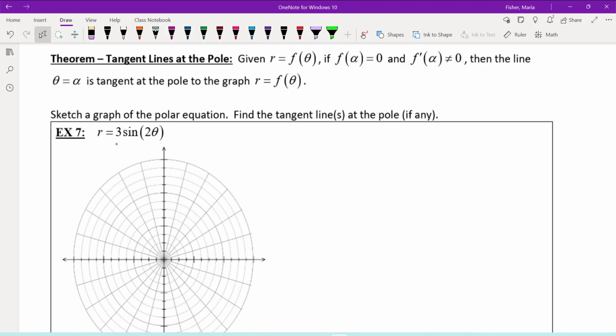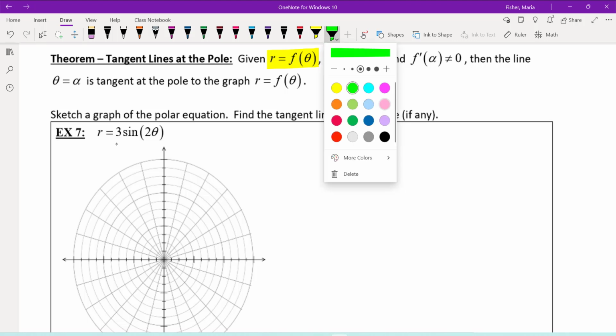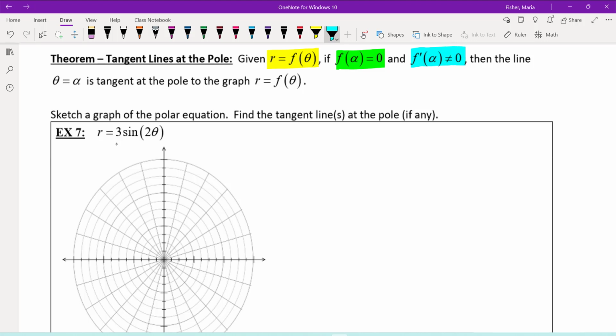Now, a tangent at the pole is a line that's tangent to the graph of your function r at a certain angle. So we say that if r is a function of theta, and you plug in some angle into r and it equals 0, but you plug in that same angle into r prime and it doesn't equal 0, then theta equals that angle is a tangent at the pole for r.